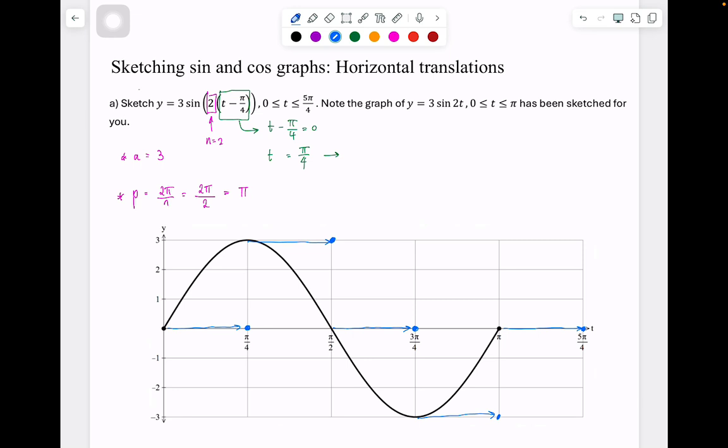So just to show you the effect of the horizontal translation that will occur on this graph here. So we end up with a curve that looks like this. And that is within a domain of 0 to 5 pi on 4. We need to extend this graph.